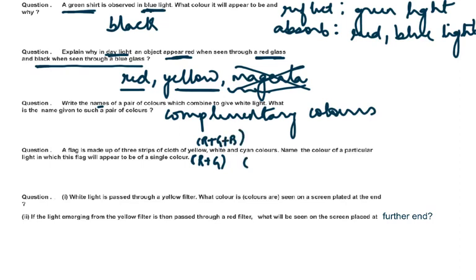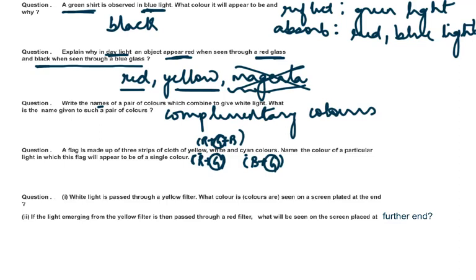And cyan. Cyan is having blue and green. So now we want a particular light so that this flag will appear to be of a single color. Okay, see in all the 3 strips, yellow, white and cyan, only one color is common, green.